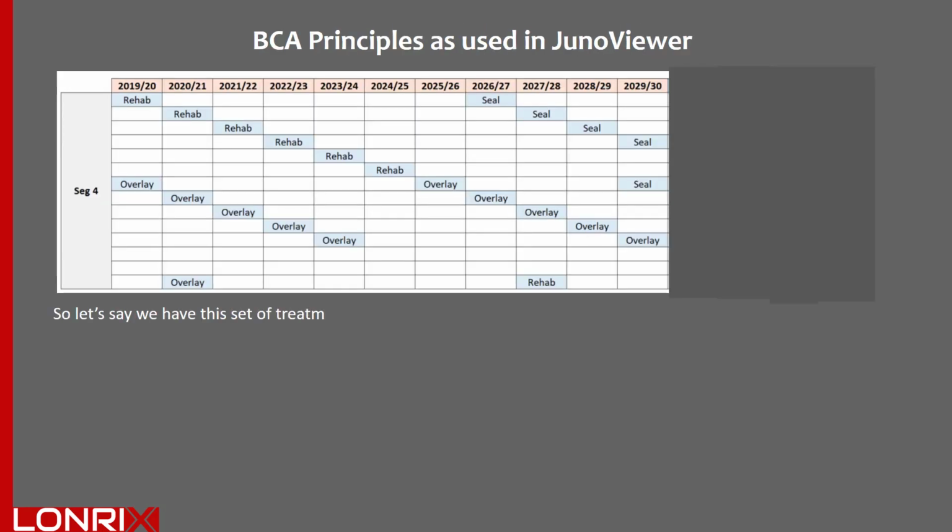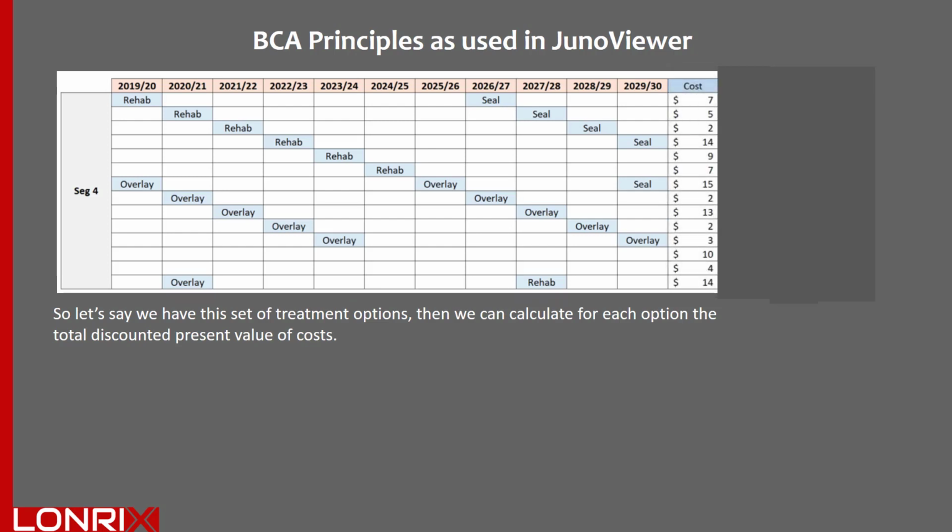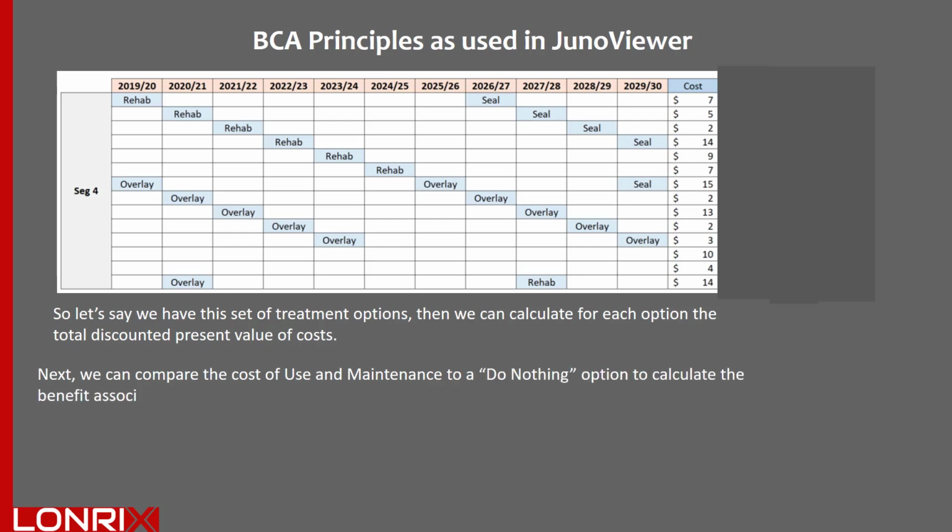So let's say we have this set of treatment options. Then we can calculate for each option the total discounted present value of costs. Next, we can compare the costs of use and maintenance to a do-nothing option to calculate the benefit associated with each option. This was explained in detail in an earlier video.